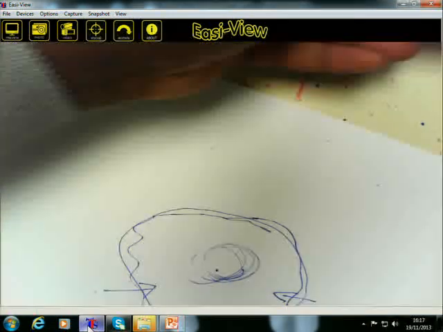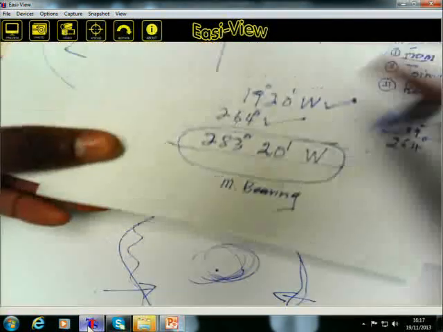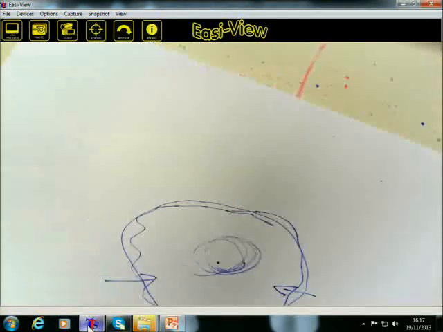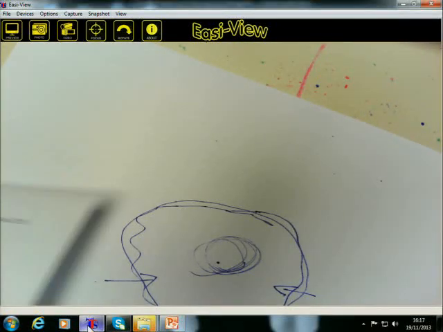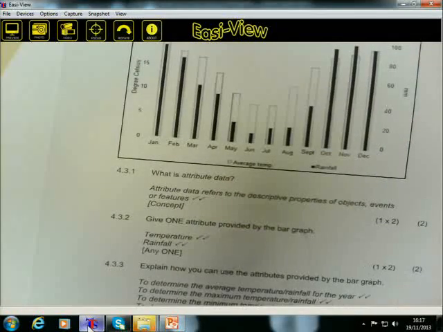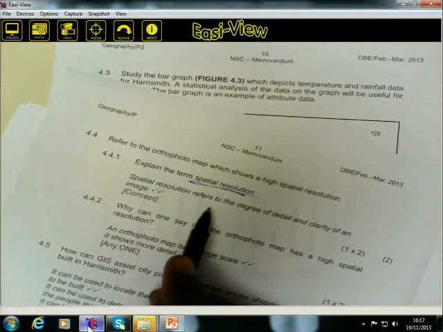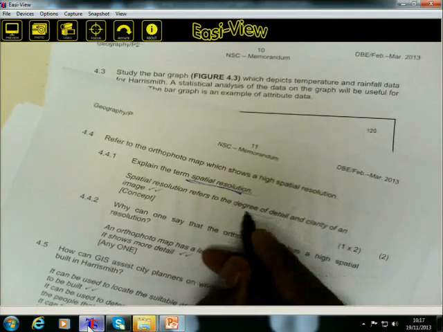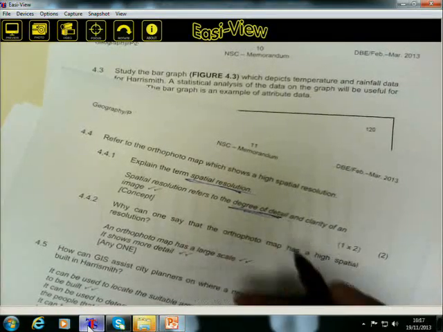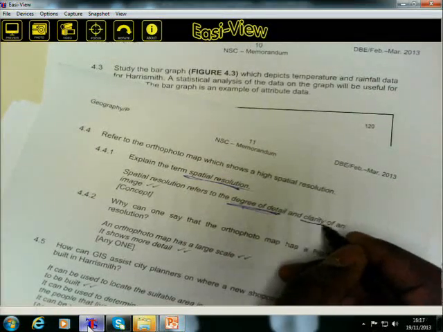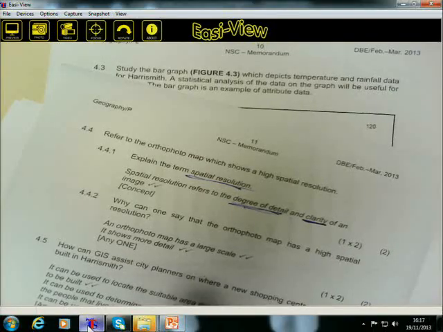Now I've used my papers here, I cannot see them clearly anymore. You've got your spatial resolution, just like I've said. What is a spatial resolution? This is where you have a detailed degree of information that goes with clarifying the information.